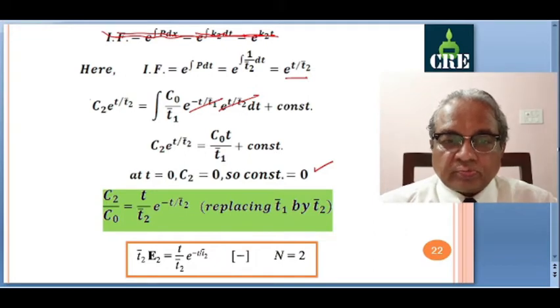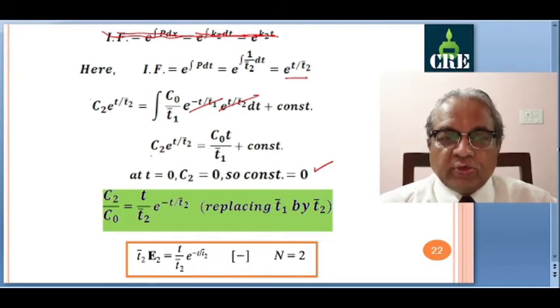So the solution is simply C2 into e raised to t by T2 bar, equal to this term; the constant is 0. So I can write this as C2 by C0. All we will write in terms of ratios.